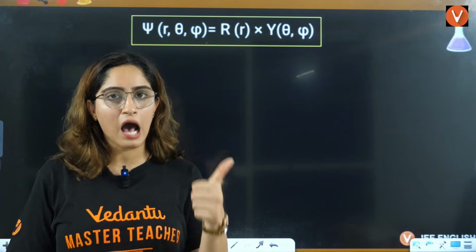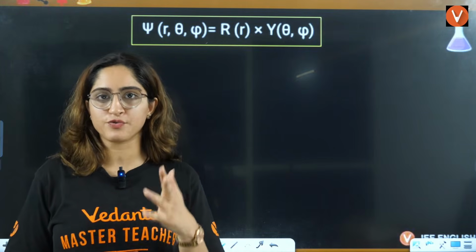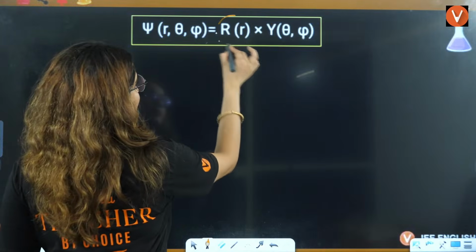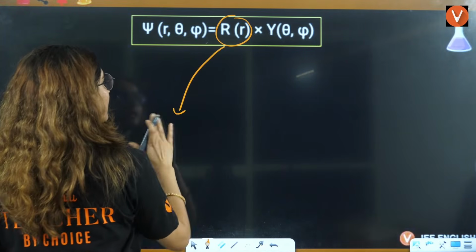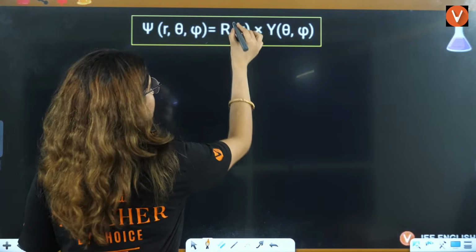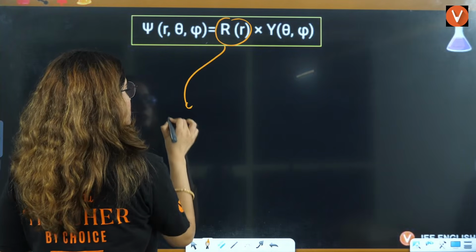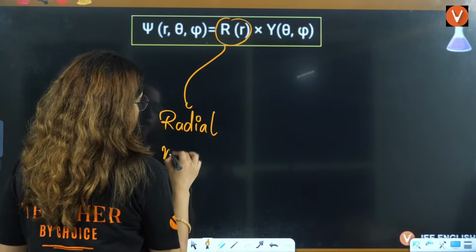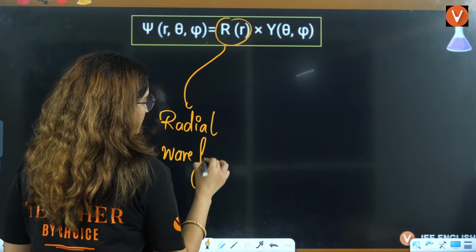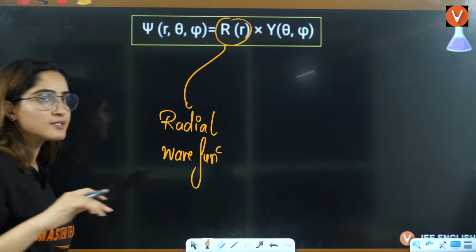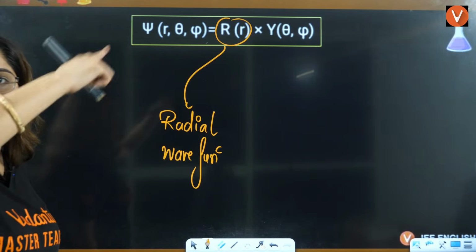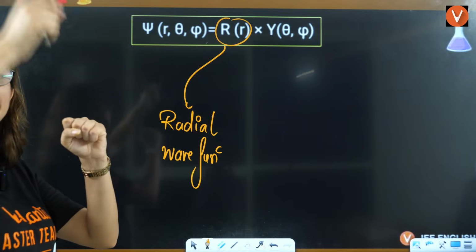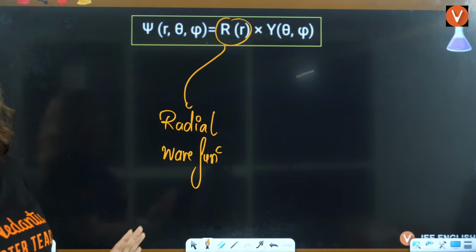One is r, other is theta, other is phi. Okay, so this r is called the radial wave function. That means from the nucleus, how much radius you have, that is the radial wave function.